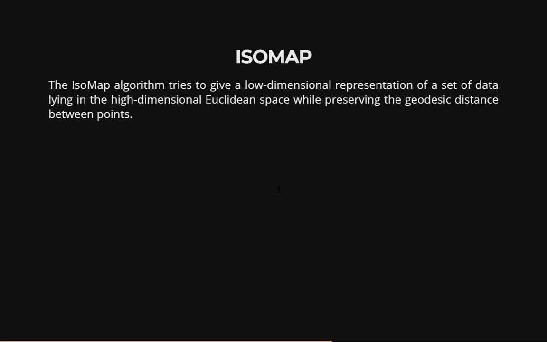First algorithm we talk about, IsoMap. It's from, I think, 21 years ago. IsoMap tries to give a low-dimensional representation preserving all the geodesic distances. So not only preserving the close-by points, but also the geodesic distances between distant points. How?